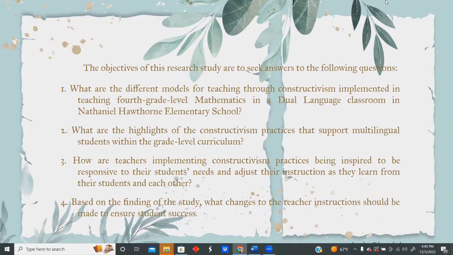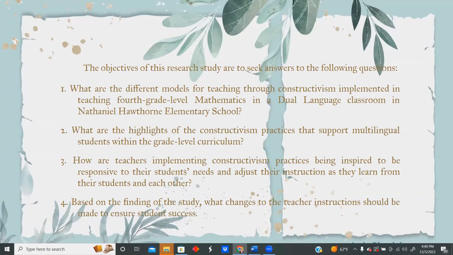Yes, because our fourth grade teachers are using a lot of the STEM scope activities, which are based on the constructivism approach. Is it a model already, or just intervention activities, or a series of activities? It's a series of activities, and it's more on the hands-on. It's a lot of hands-on activities.